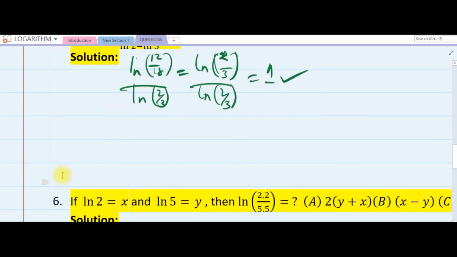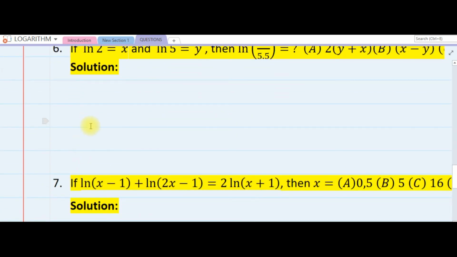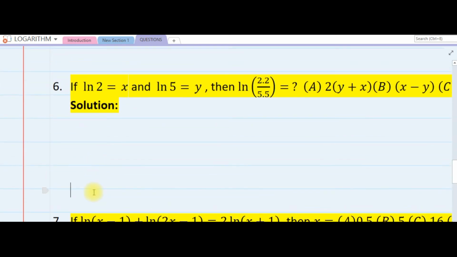So this question, we are given if ln 2 equals x and ln 5 equals y, then we are asked to find ln of 2.2 over 5.5. The question is very, very simple, but seeing it, it looks hard. So you just notice, how can I relate 2.2 over 5.5 to 2 and 5? That's what you have to check.